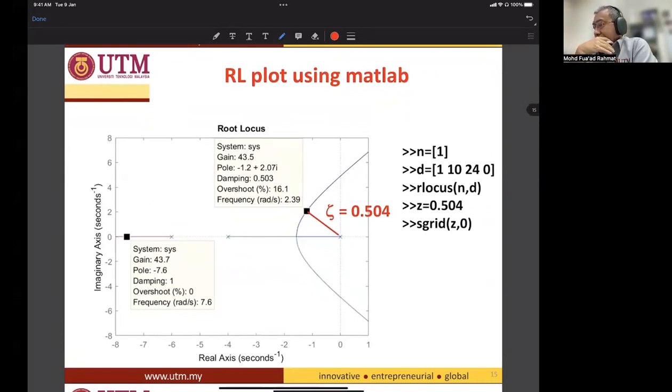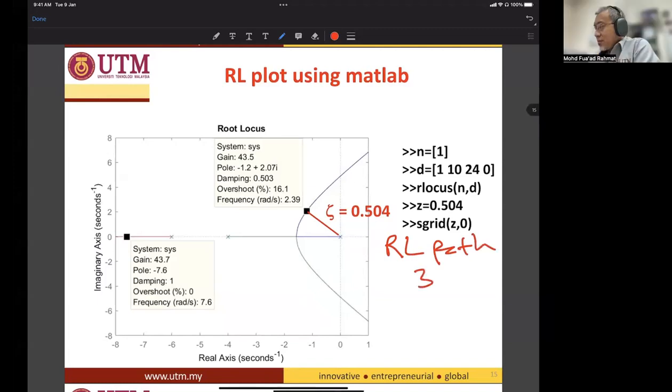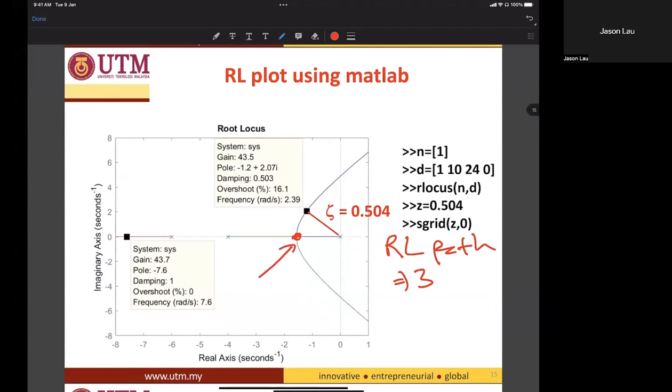Jason, what are your observations of the plotting? Just a second. The three root loci... okay, there will be a breakaway at that point.